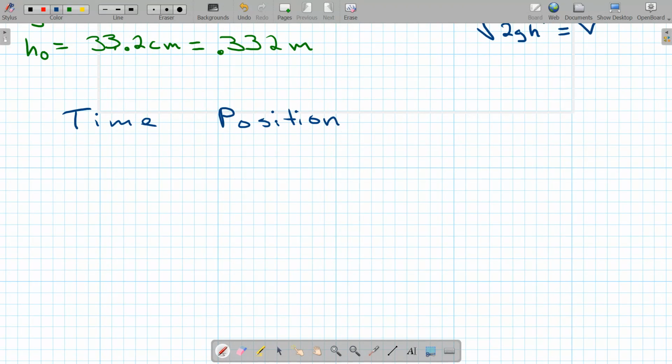On the data, tell me the headings. Time, position, velocity, and acceleration. No, but just tell me the headings. Time, position. No, listen to me. Tell me the words above the numbers.